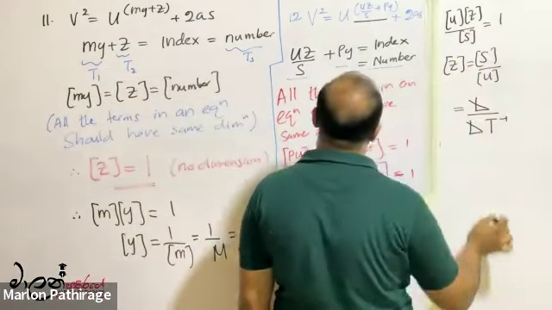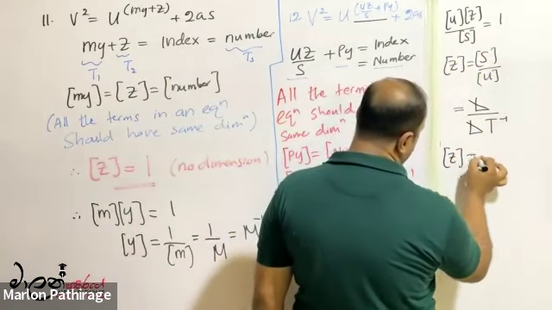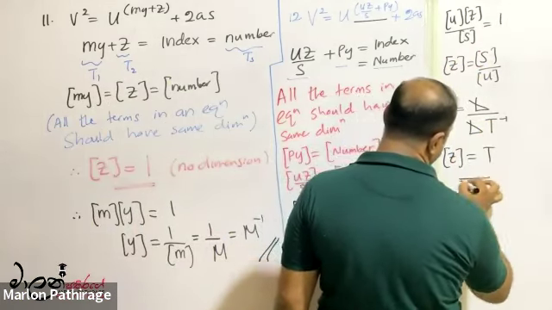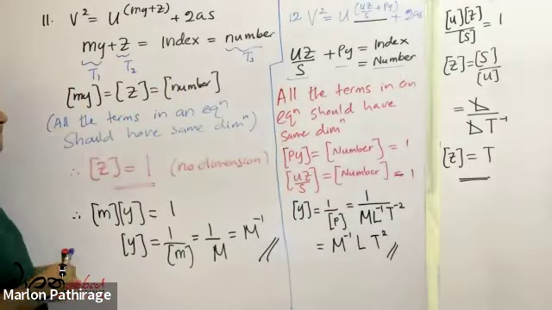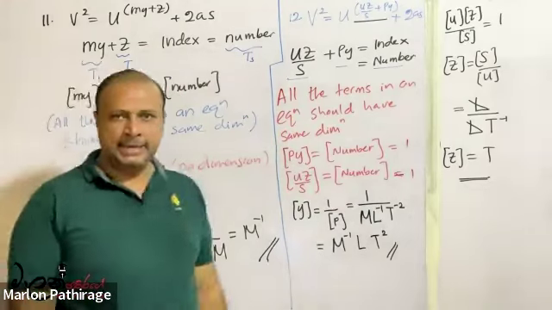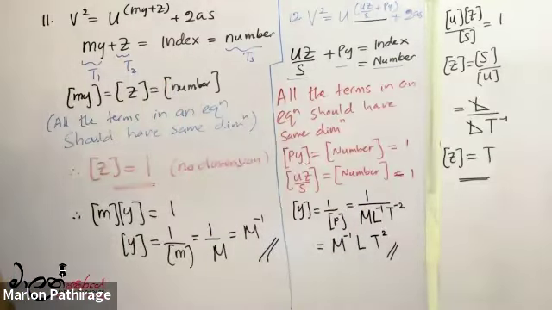Here to here will be cancelled out. Therefore, dimension of Z is time. Is that clear? Yes, sir.